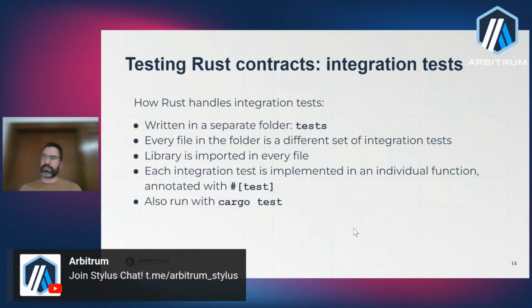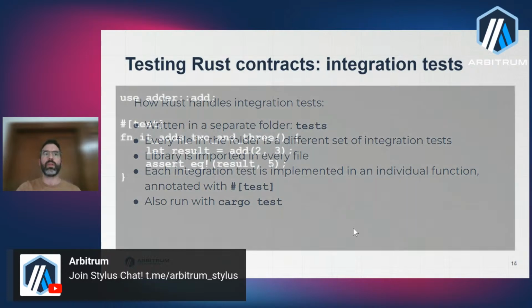Now, in each one of these files, we are going to import the library as an external library would, okay? And then we're going to write our tests in different functions that are going to be annotated with test. Finally, they are also run with cargo test. Okay, we can specify certain parameters to only run integration tests, and that's actually how we are going to run these tests. But you can just run cargo test, and it will run both unit tests and integration tests.